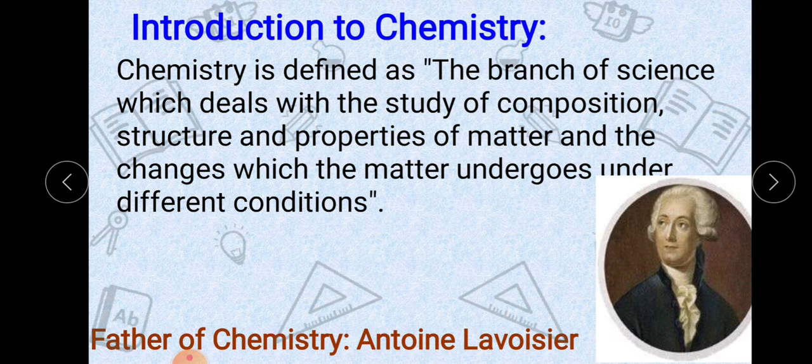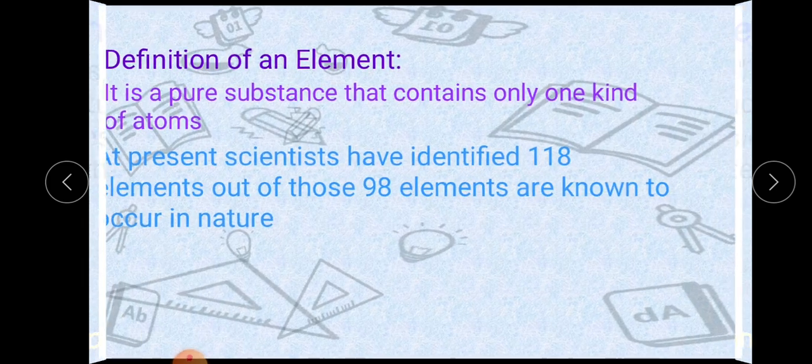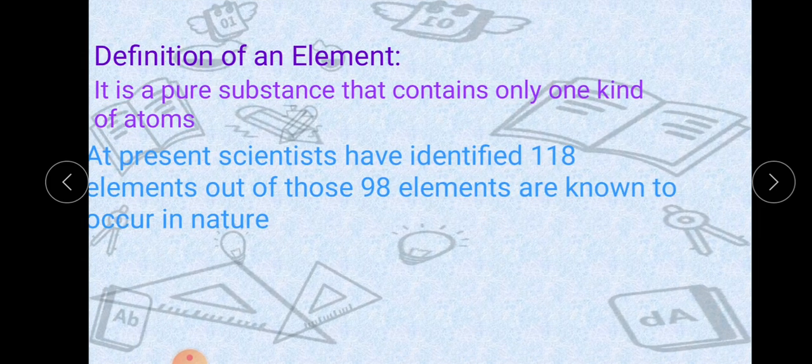Next we'll start with the basics of chemistry, that is elements. What is an element? We know gold in our daily life, gold, silver, aluminum, iron, whatever we are seeing, they are called elements. Just as English letters are made up of 26 alphabets, chemistry without these elements is nothing.